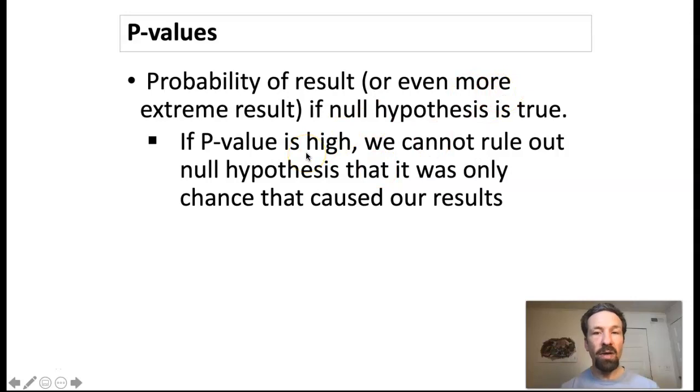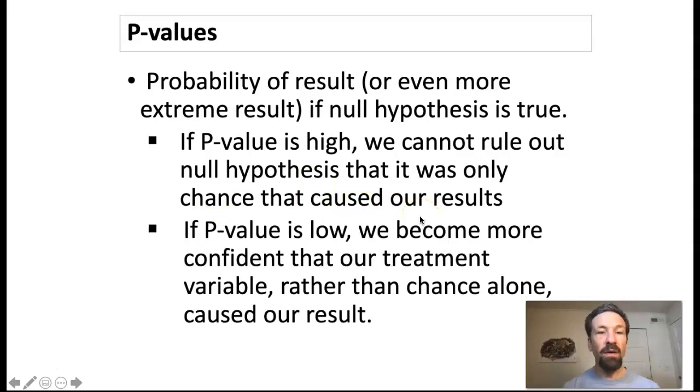If the p-value is high, we cannot rule out the null hypothesis that chance alone is the only cause. However, if the p-value is small or low, we become more confident that our treatment variable in some tests, or in the chi-squared test, the difference in relative frequency among categories is not due to chance alone, but there is something else that must have caused the result.